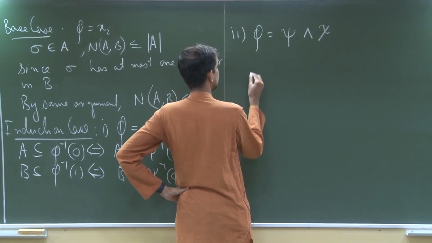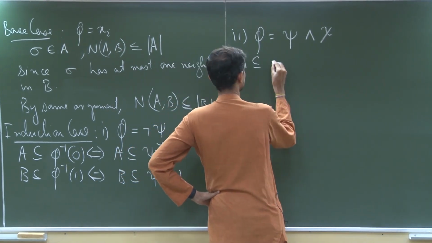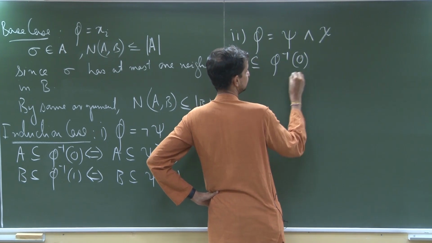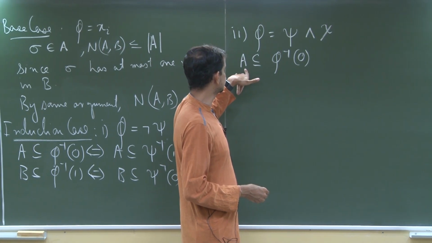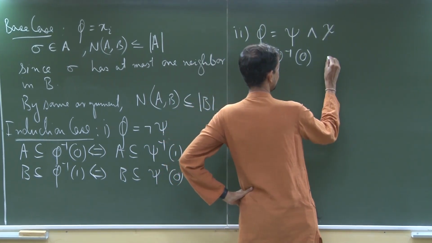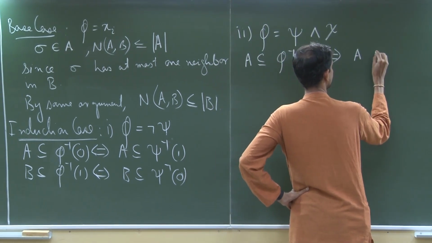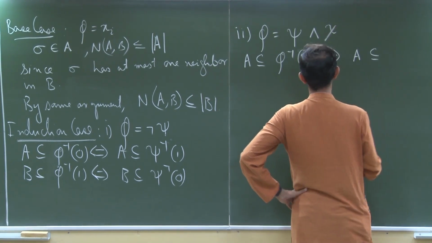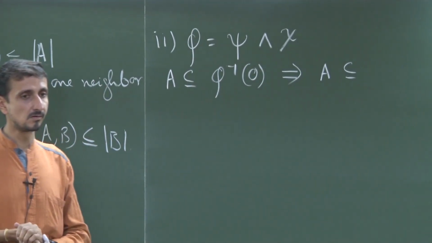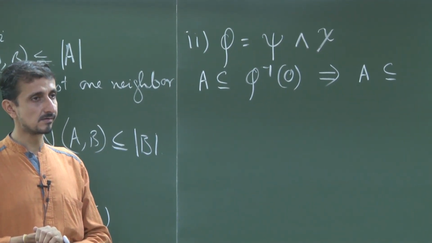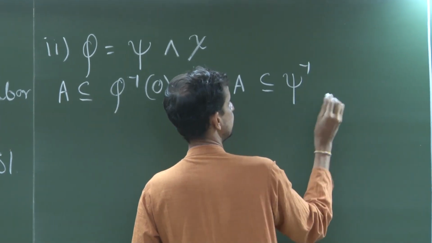Suppose I have A, which is a subset of phi inverse 0, which means that all inputs in A map to 0, then what do we have? That A is a subset of. What can I say about A with respect to psi and chi? Psi inverse 0.